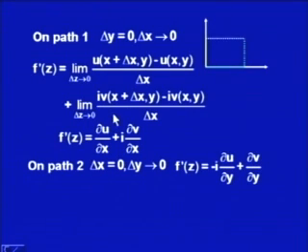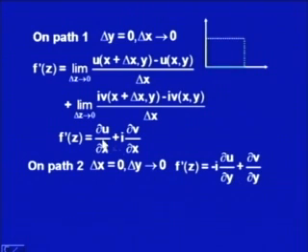So, here I have obtained the limit of two expressions, one along this path, another along this path, and we have seen along one path it comes out to be this, on the other path it comes out to be this. If limit has to exist, then both the limits should be same.